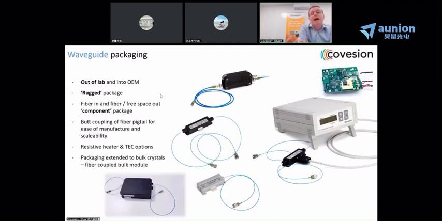So what we have here is a variety of examples of fiber-coupled modules where we have fiber in the input, fiber on the output. We also have free space output. These modules can be combined with temperature controllers so that we can offer a complete solution for system integration. So where we work with OEMs, we can provide a complete solution.